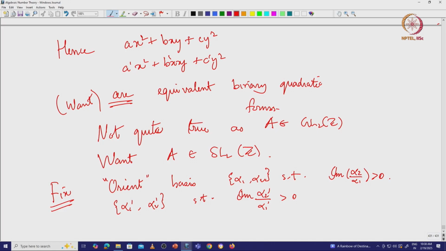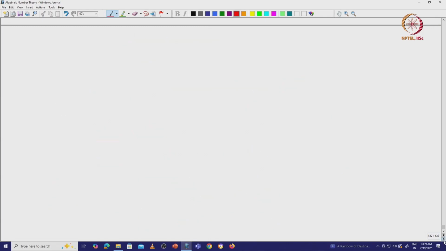This is the chosen order, alpha 2 by alpha 1, and you take its imaginary part to be positive. Then A will actually be in SL2 of Z. So this is the place where we crucially use that we are working over imaginary quadratic fields, and we do not have a way of doing this if we are working over real quadratic fields. So that is an issue.